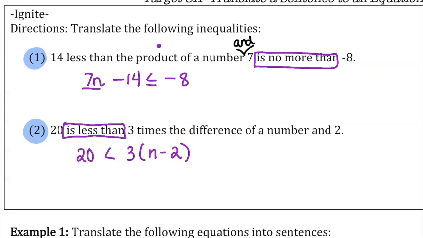It says 3 times the difference of a number and 2. Now remember this phrase, the difference of, includes parentheses around the things that we're taking the difference of. And remember, difference is another word for subtraction. So it just means we have our 3, and in parentheses, we have that n minus 2.